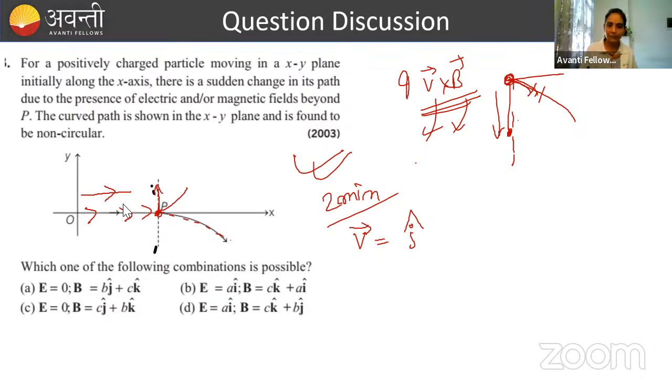But if it is curving downward, it means the force is acting somewhere here in this direction, right? So the force is in the minus j cap direction, right? We got the force direction, minus j cap. So the magnetic field direction surely should be in which sense? Just try to find that out. You will get the answer.